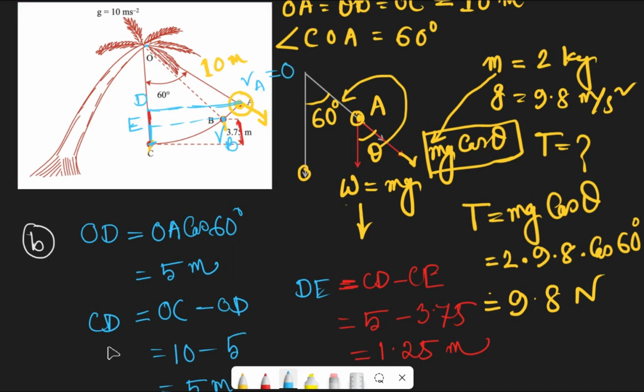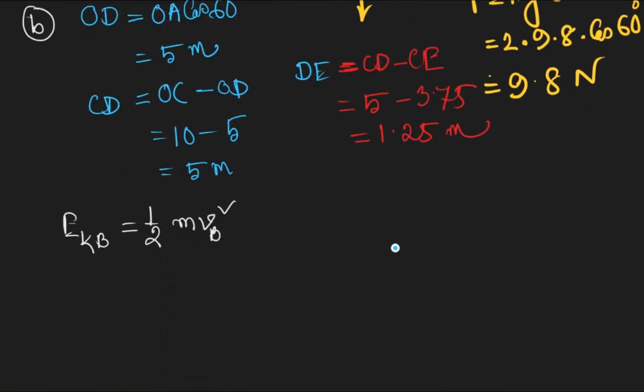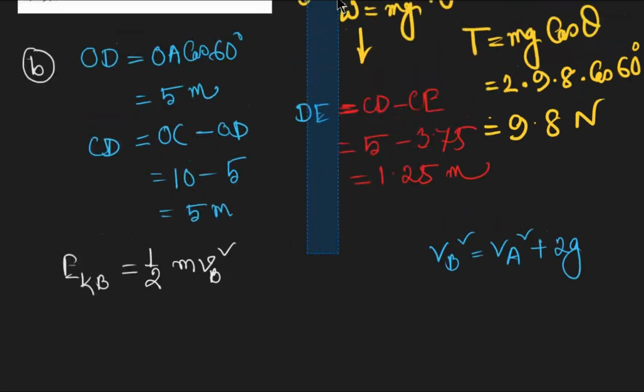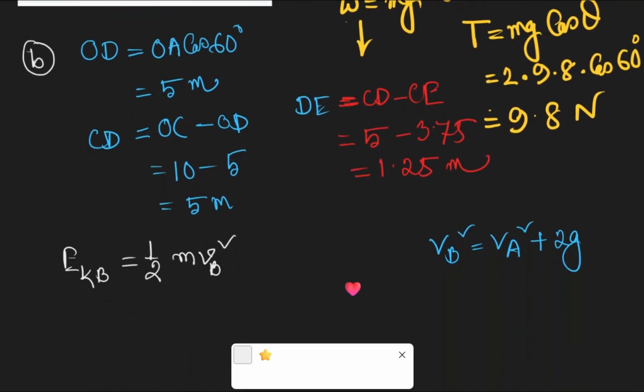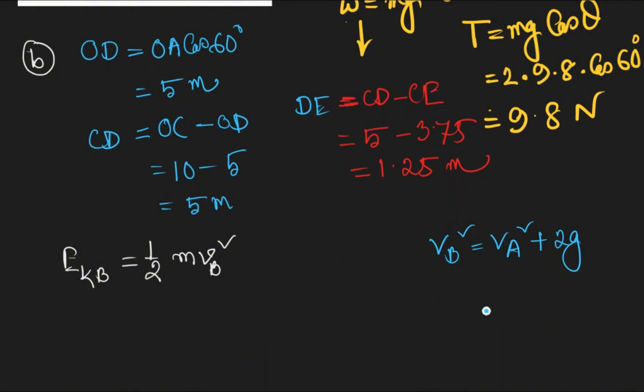So VB square equals VA square plus 2g times the height, and the height is DE.